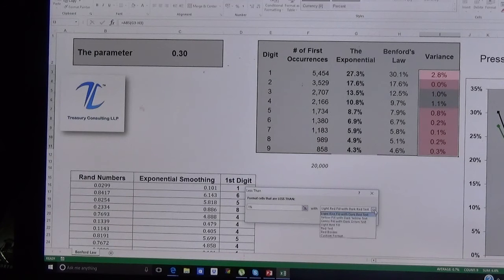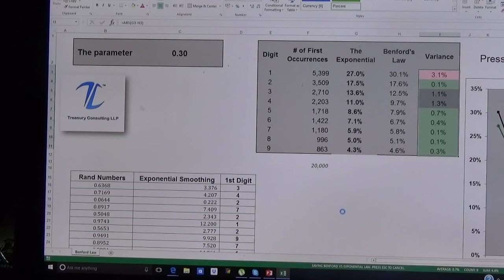But here you will take it green. Okay, now you know, we did a conditional formatting. What we did in the conditional formatting, we selected that if this variance, where we use the function absolute ABS, is greater than 1.4%, then you give us a red signal. If it is less than 1.4%, then you give us a green signal.